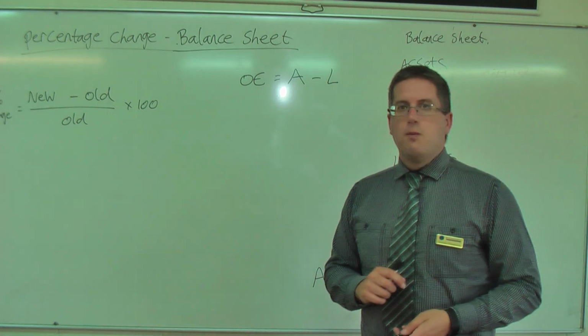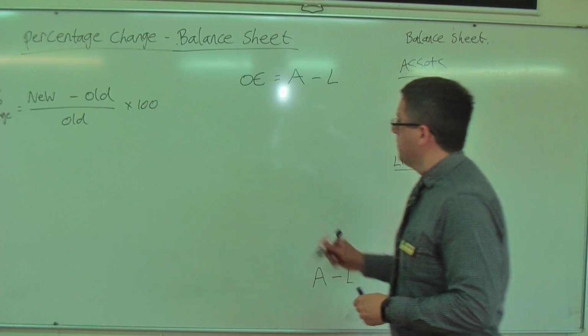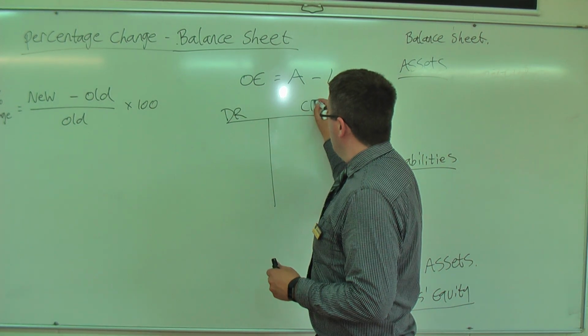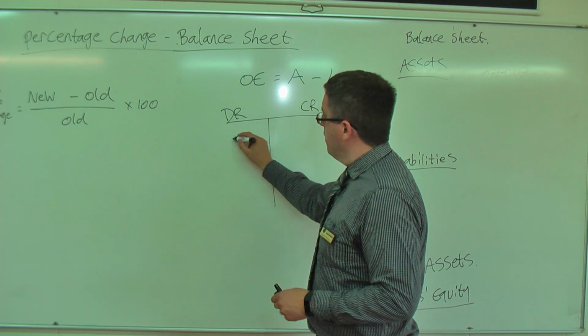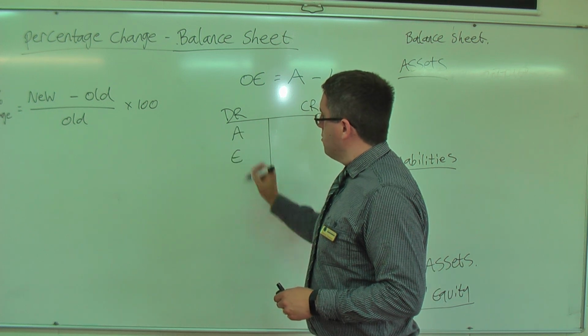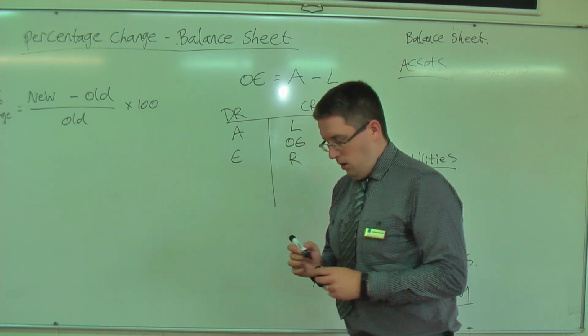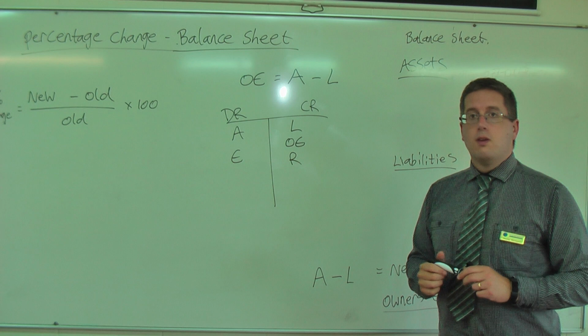So all this information will come from the trial balance. In the trial balance, you have some things on the left which are debit, some things on the right which are credit. Your assets and expenses are debits; liabilities, owner's equity and revenue are on the right.